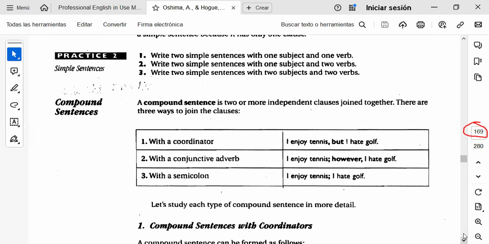In the last video, Professor, we only have 3 categories of sentences, no? Yeah, simple, compound, and complex. And now we have 4. They forgot about the complex, no?